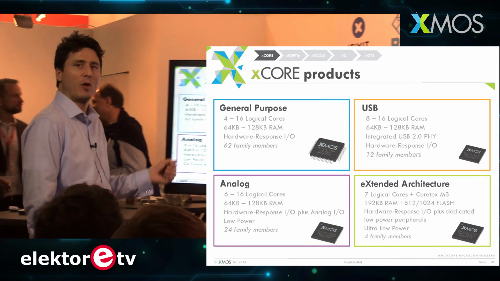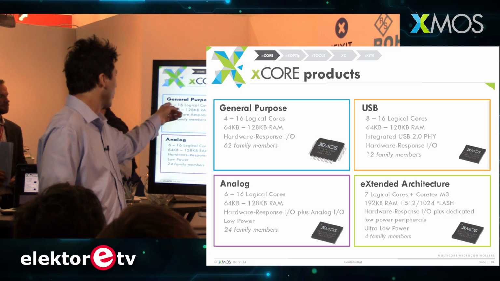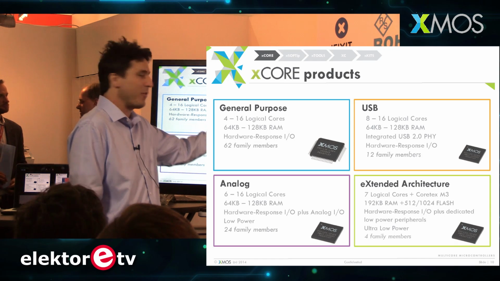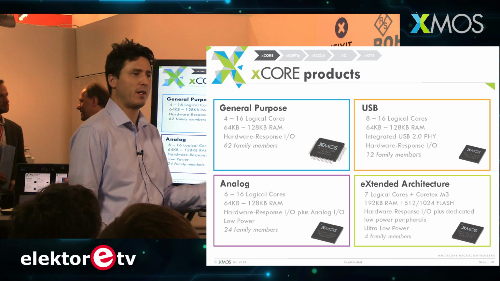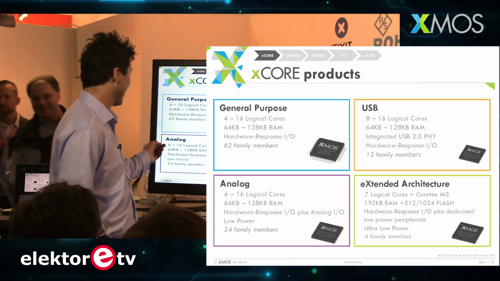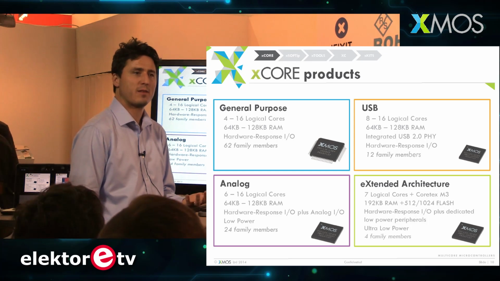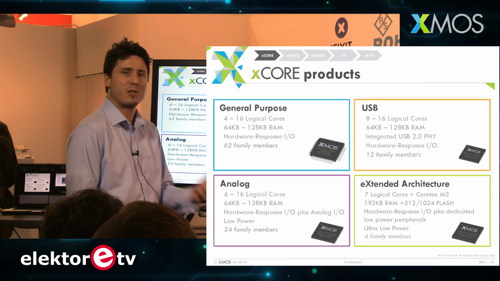So here's an overview of product families. We have a general purpose family with 4 to 16 logical cores, a USB family which adds a USB PHY, 8 to 16 logical cores, and an analog family. This adds integrated ADCs and power supplies.